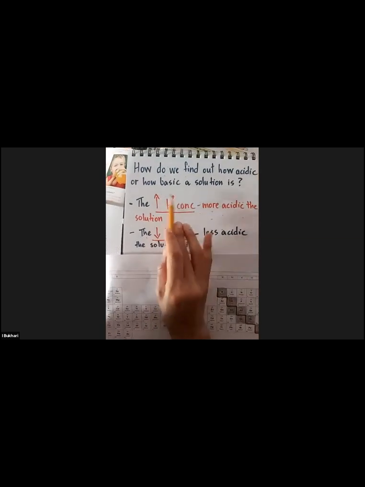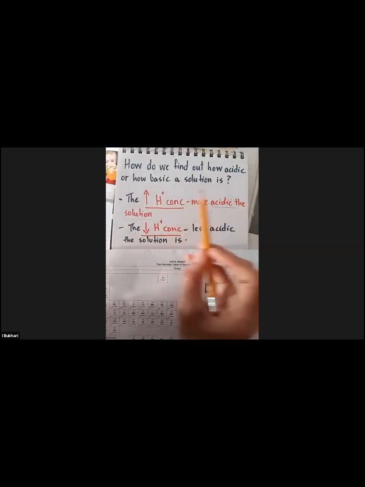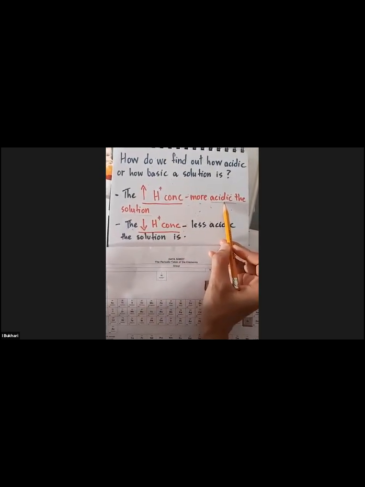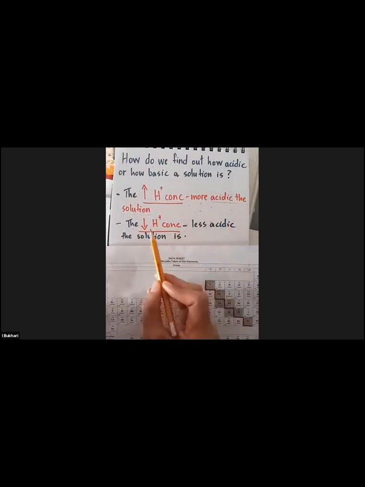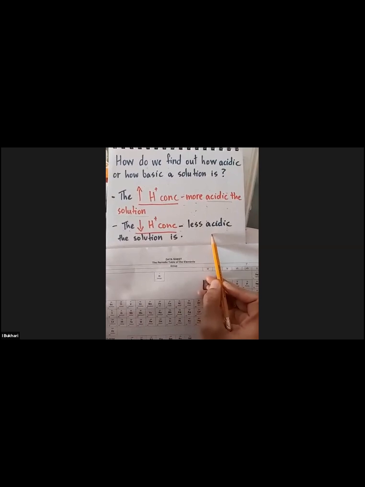As the hydrogen ion concentration increases, the solution gets more acidic. The more the hydrogen ion concentration, the more acidic the solution is. The less the hydrogen ion concentration, the less acidic the solution is.